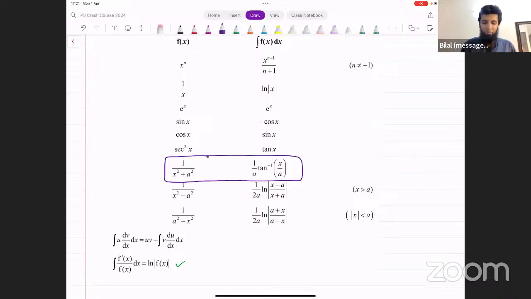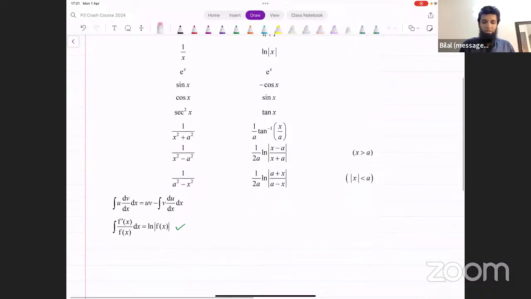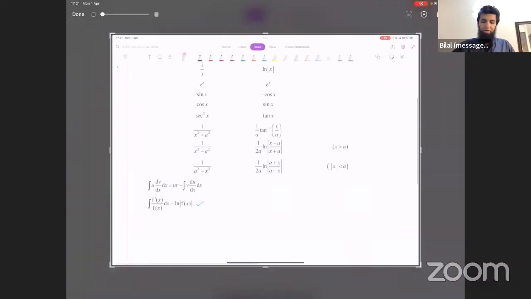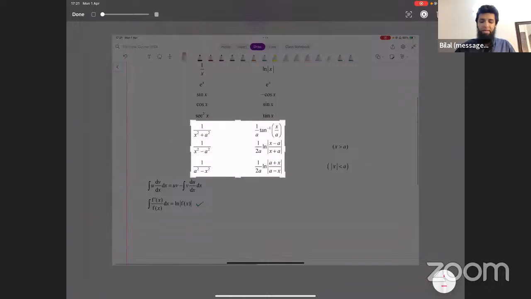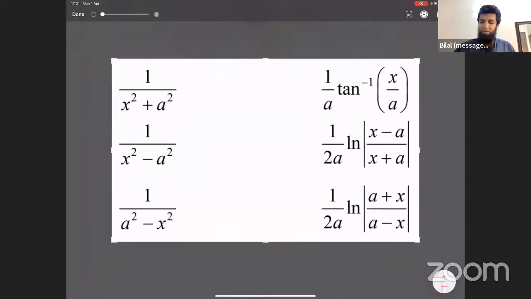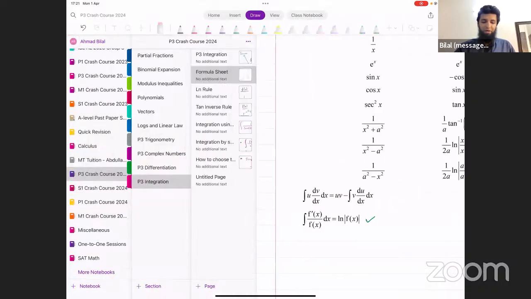Right below this form, they've given us 2 other forms as well: 1 over x squared minus a squared and 1 over a squared minus x squared. Now, these are 2 other forms in which in the denominator, we have 2 terms, x squared and a squared, but there's a negative sign between them. So the proper way of doing this would be partial fractions.